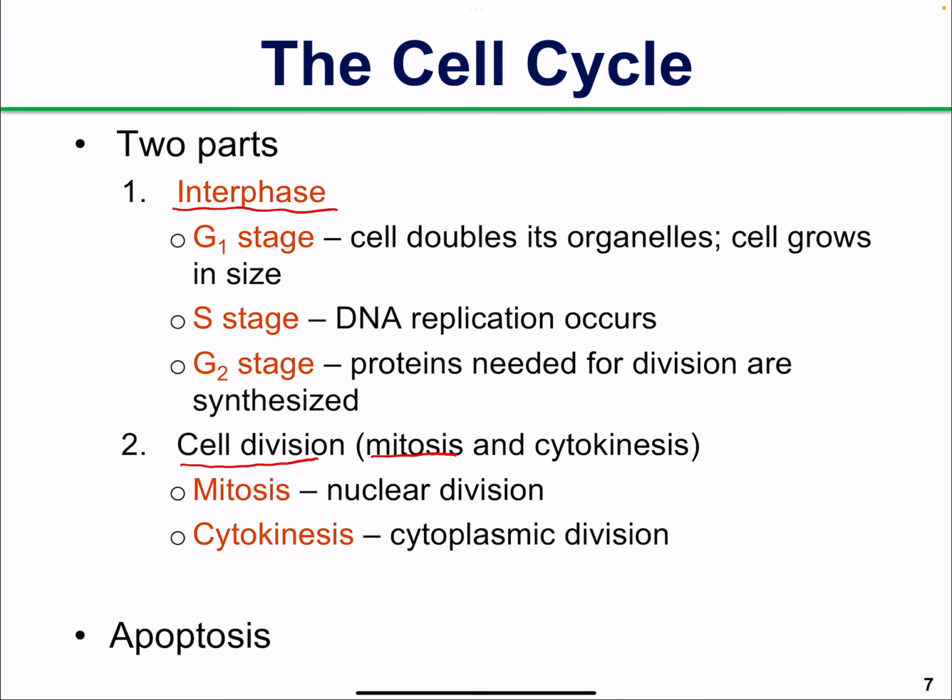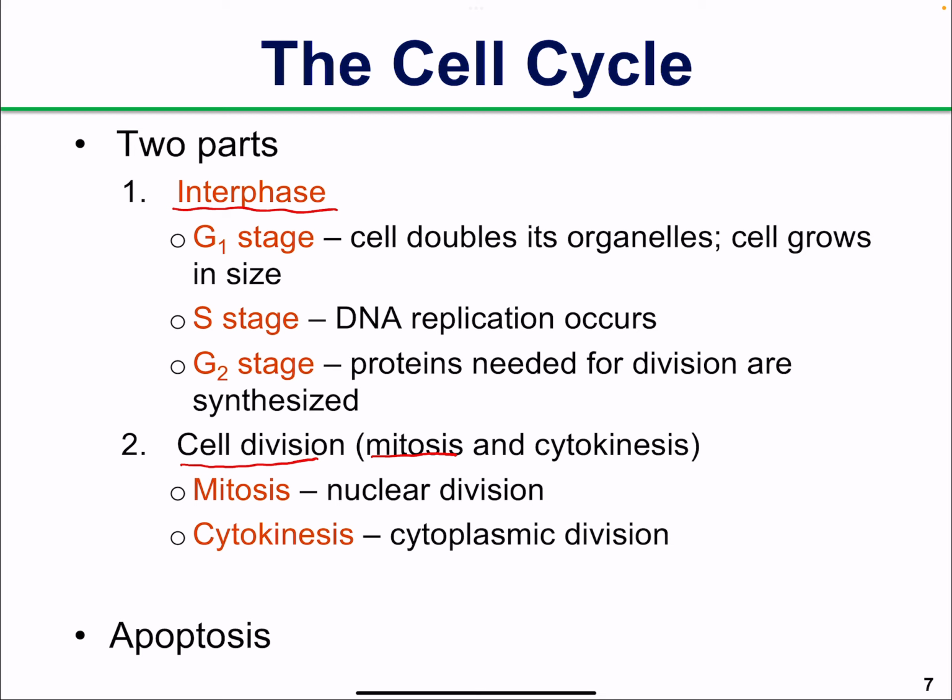And because the genetic information is enclosed in the nucleus, they were only paying attention to what was happening with the nucleus. That is the reason why cell division of body cells or somatic cells is called mitosis. That is the reason why.